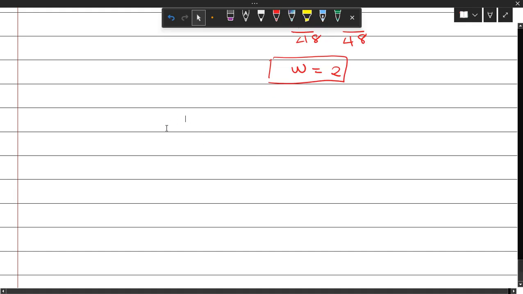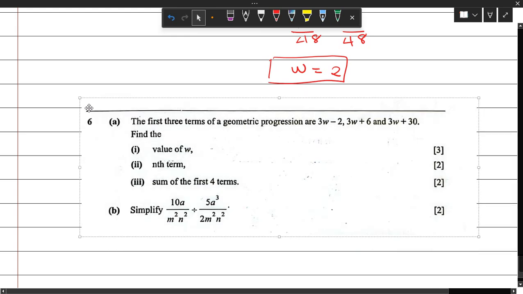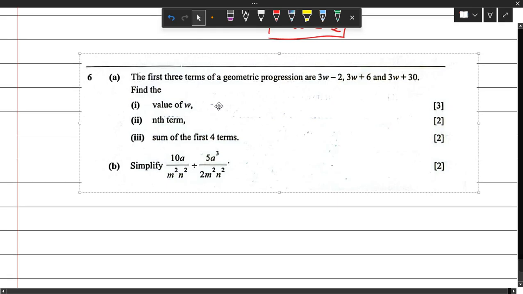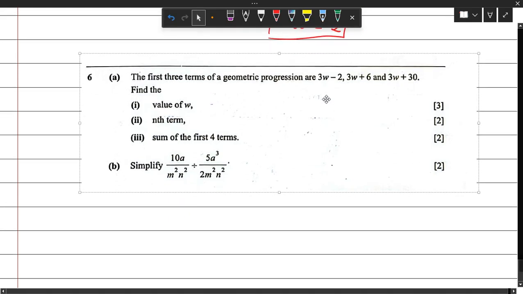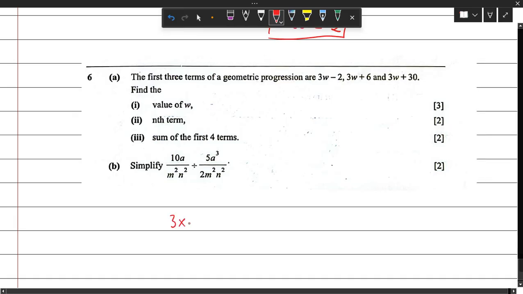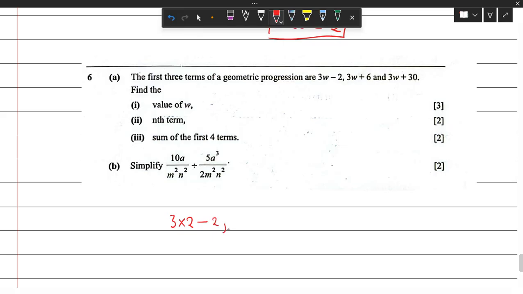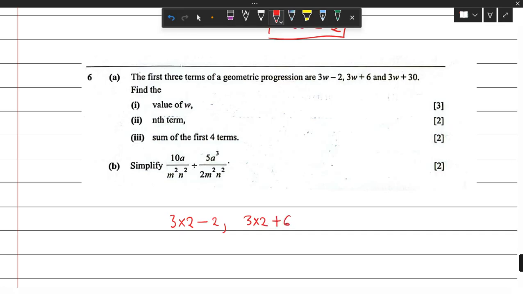It's quite a long process, but very simple. So I'll paste the question again here. I can't manage going up. So we know w is 2. So our first term, we say 3 multiplied by 2 minus 2. Our second term is 3 multiplied by 2 plus 6.